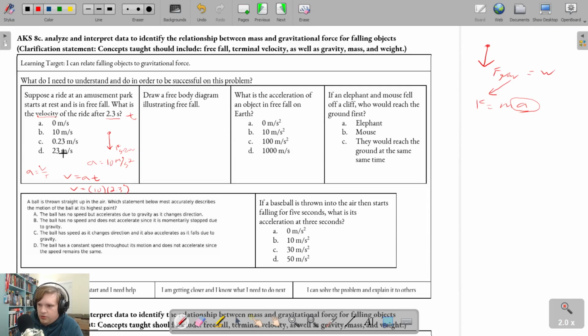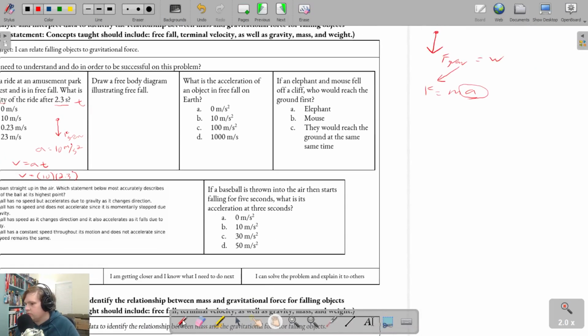Let's move over here so I have more room. Velocity is equal to our acceleration, which is 10 meters per second squared, times 2.3 seconds.